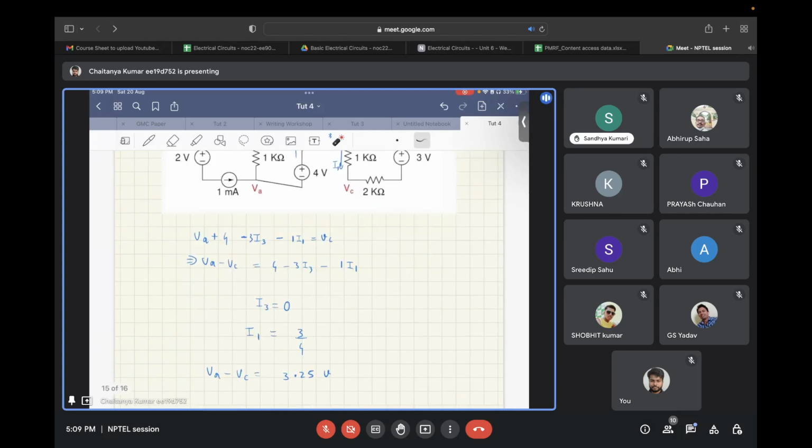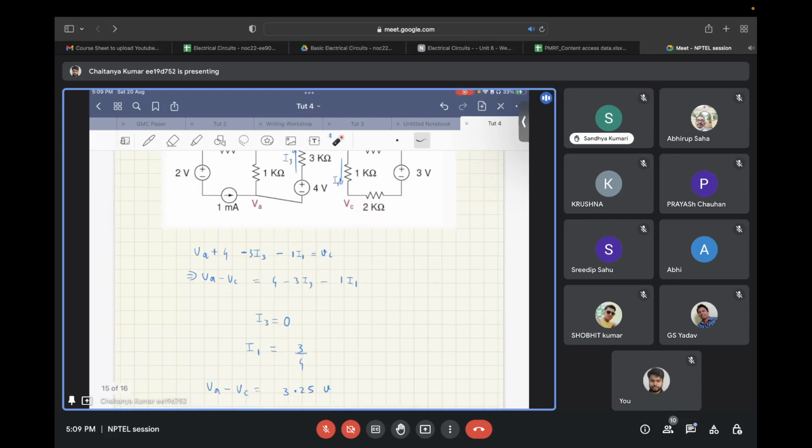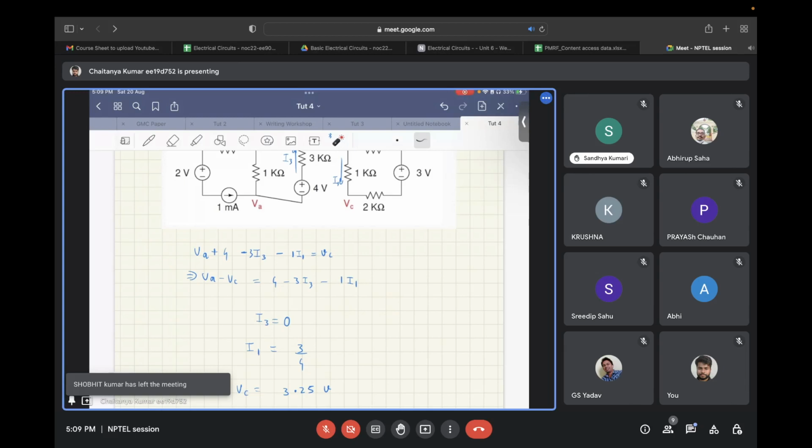So I1 comes out to be 3 by 4, that is 0.75, and so the voltage comes out to be 4 minus 1 times I1, so it is 4 minus 0.75, not plus. I think one of you wrote the answer as 4.75, but it is 4 minus 0.75, which comes out to be 3.25. Any doubt in this?